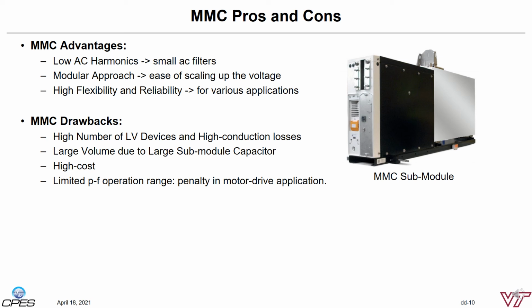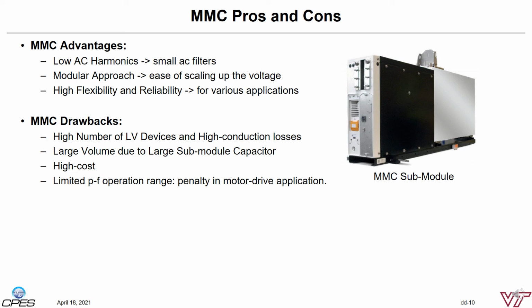This makes MMC a bulky and heavy solution for medium voltage applications. The third reason might kill many commercial competitions, as the cost is relatively high due to the large number of devices, gate drivers, control electronics, sensors, and submodule overhead costs. The last issue for MMC is its limited power frequency operation range, leading to reduced capability in motor drive applications.